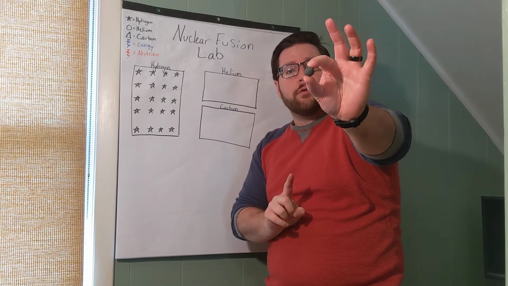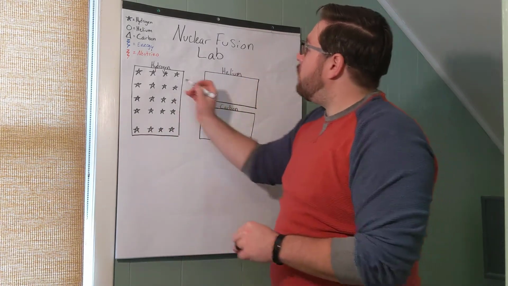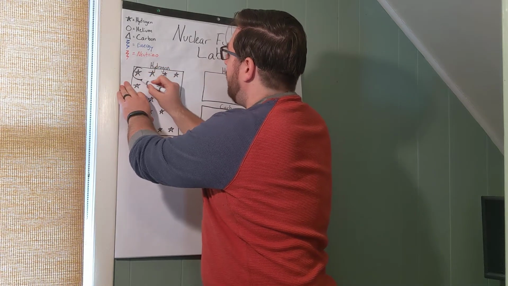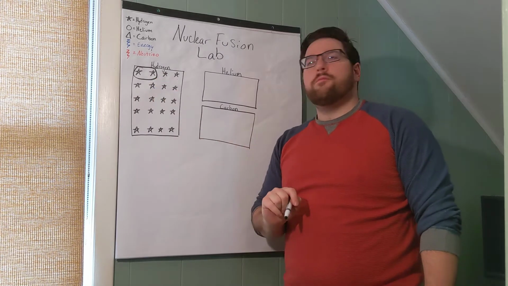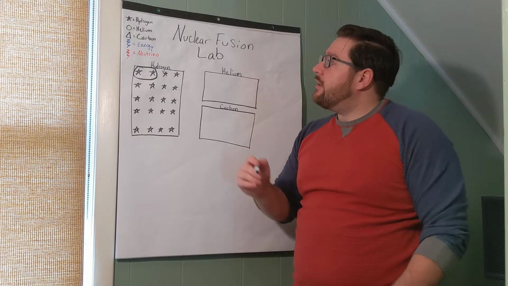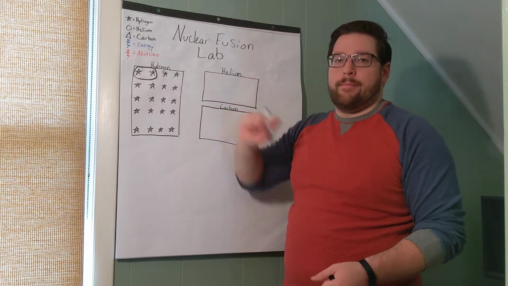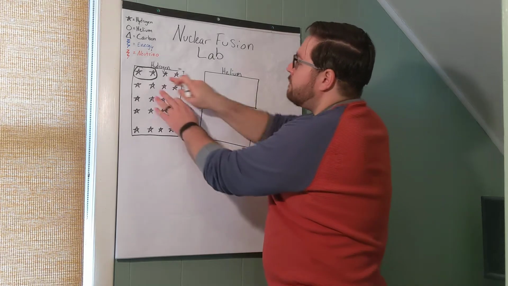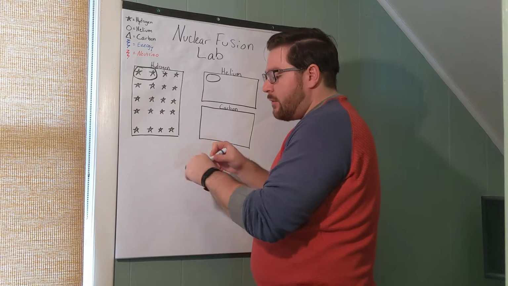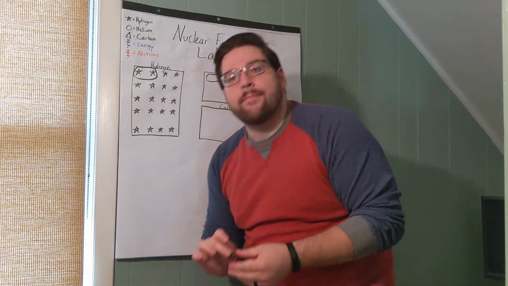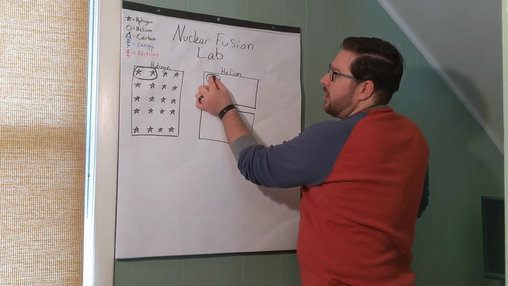This no longer has one proton. It's two. So we've taken these two protons and fused them together, and by fusing those two protons together, we have created something new. We no longer have hydrogen. We have a helium atom. So I'm going to move this pair over to the helium. If you're following along at home, that would mean taking the helium nuclei I just made and putting them onto that piece of paper.